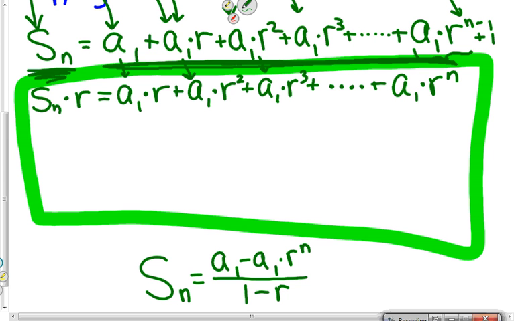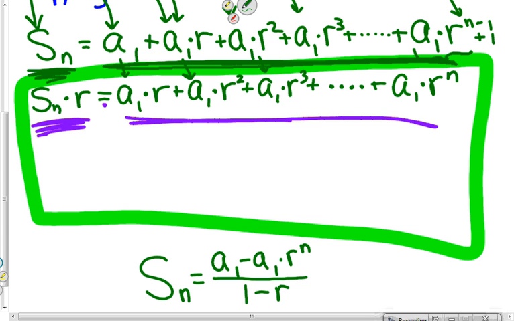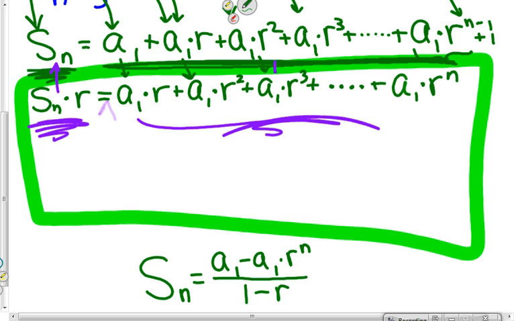Next step, in some algebraic proofs, is to subtract one equation from the other. Let me ask you this. Does this equal all of this? What's this symbol say? Equals. So can I subtract this from the left side and all of this from the right side if they're equal?